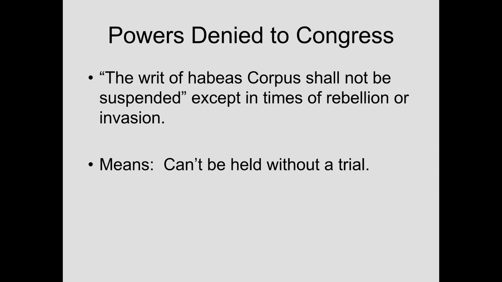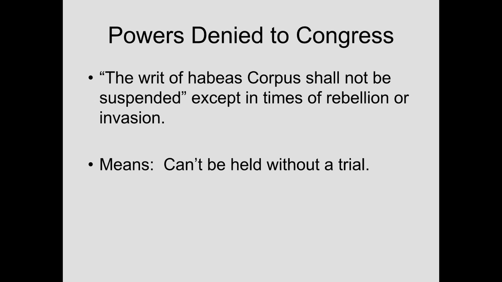Now, the Constitution says that if we are under open rebellion, habeas corpus can be suspended. And during the Civil War, President Lincoln suspended habeas corpus. Some people were held indefinitely without a trial. It has to be in time of rebellion or invasion.